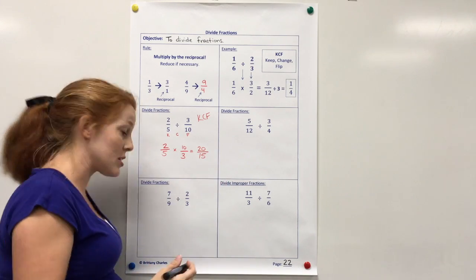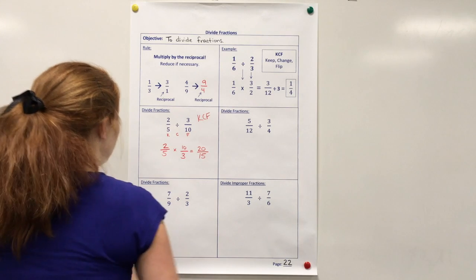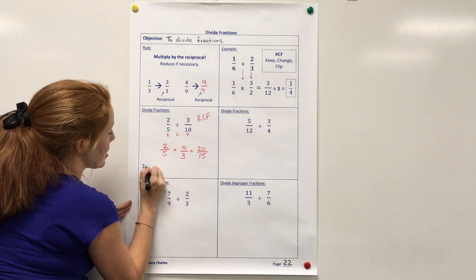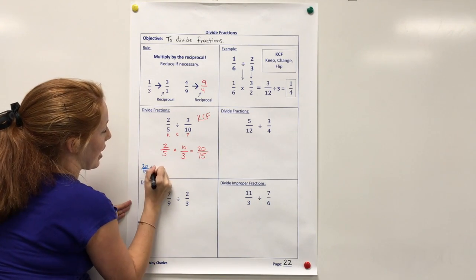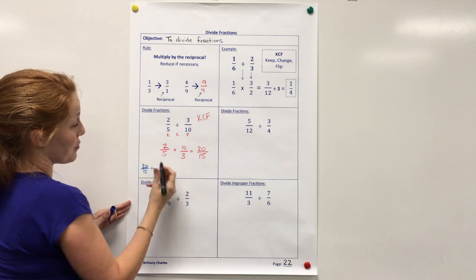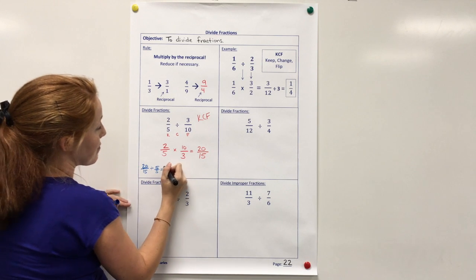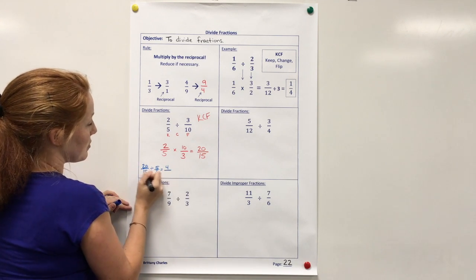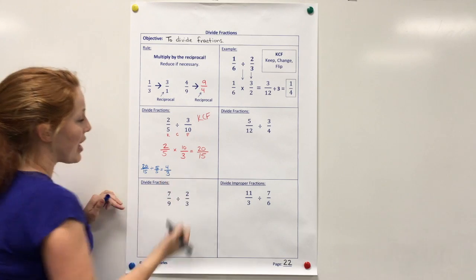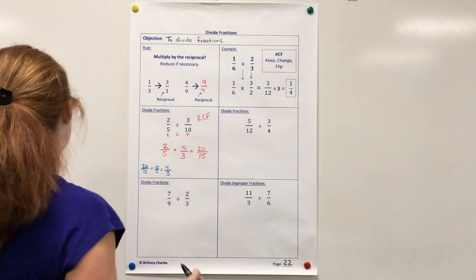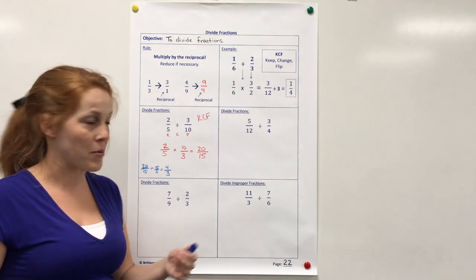Now I can reduce this. So 20/15. I can divide that, well, they end in a 0 and 5, so 5/5. 20 divided by 5 is 4. 15 divided by 5 is 3. Now, last step, I want to change that into a mixed number because it's improper.